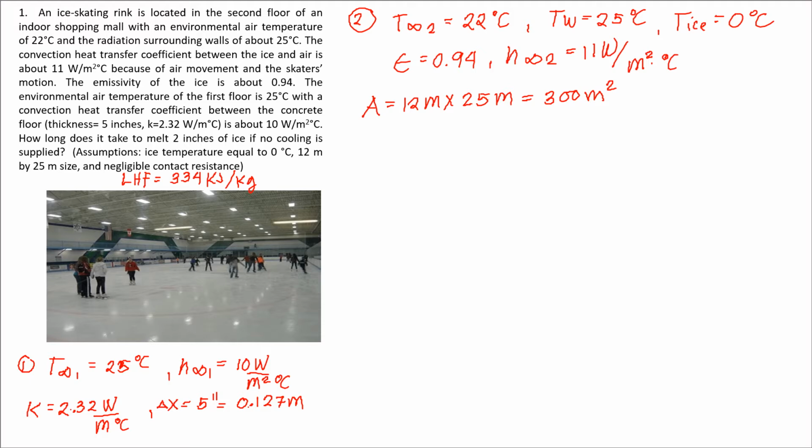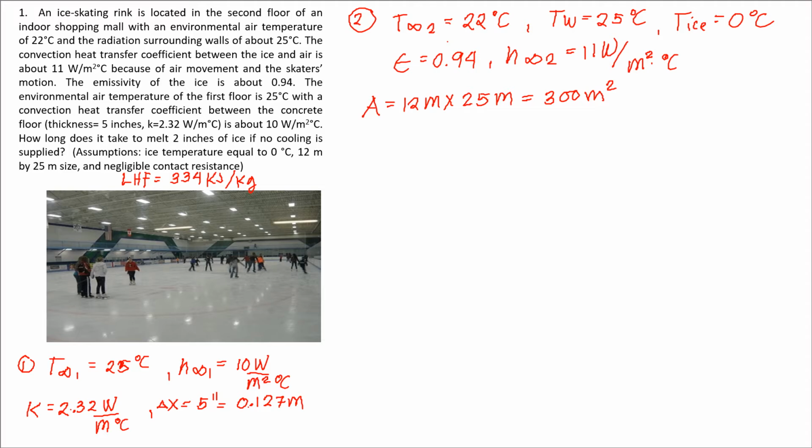Okay, what else? So what really is involved here is that in the first floor, we have convection and conduction heat transfer. In the second floor, where the ice skating rink is located, we have a combination of radiation and convection.